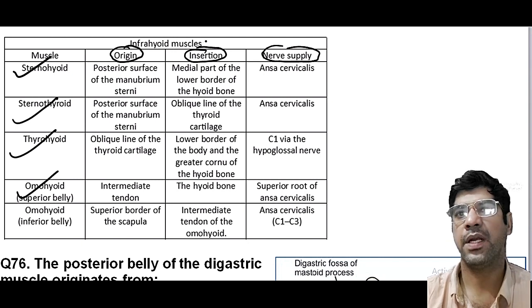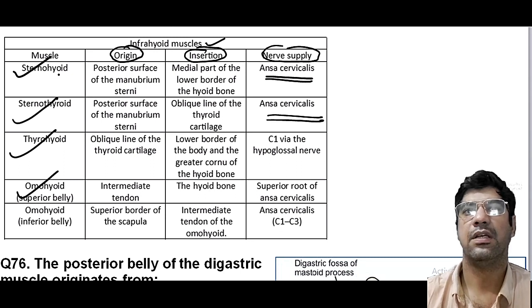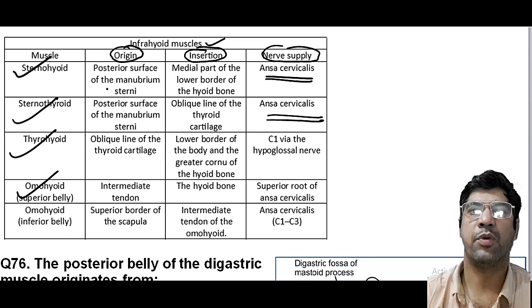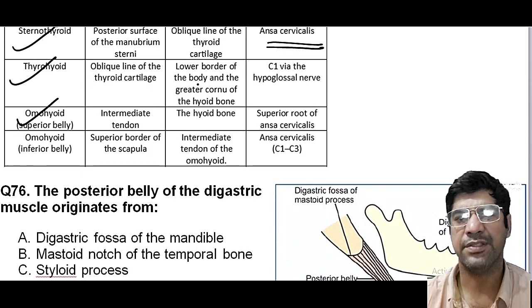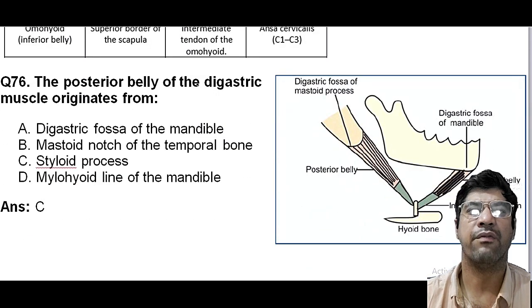The infrahyoid muscles are supplied by the ansa cervicalis. The sternohyoid muscle origin is from the posterior surface of the manubrium sterni and insertion into the medial part of the lower border of the hyoid bone. So remember the origin, insertion, nerve supply, that's very important from your exam point of view.